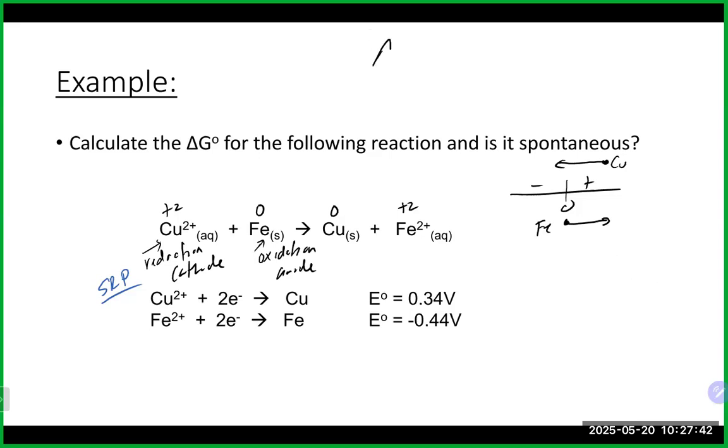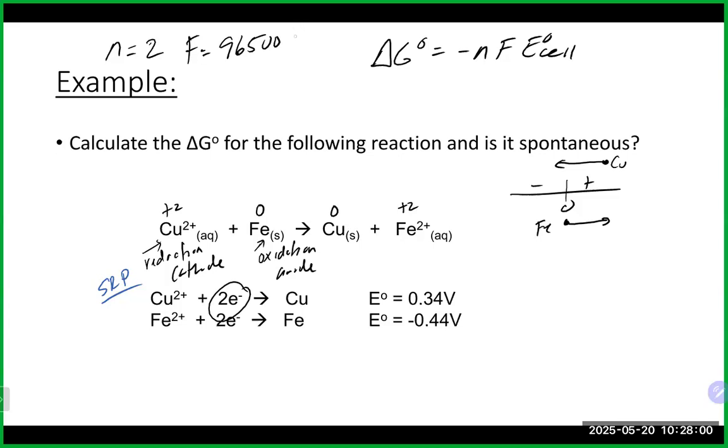So we can use our delta G is equal to minus NFE of the cell. Our N in this case is the moles, and in this case it is 2 electrons that are being transferred. Our F is a constant, Faraday's constant, 96,500 joules per volt per mole. And for our E of the cell, I'm not going to change the sign, so I'm going to subtract.